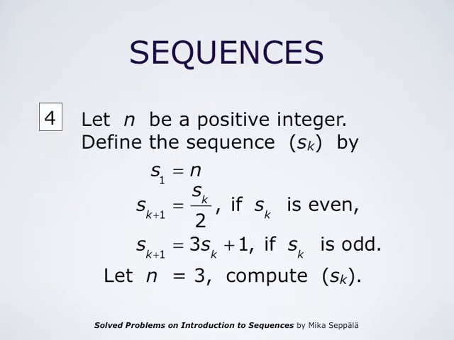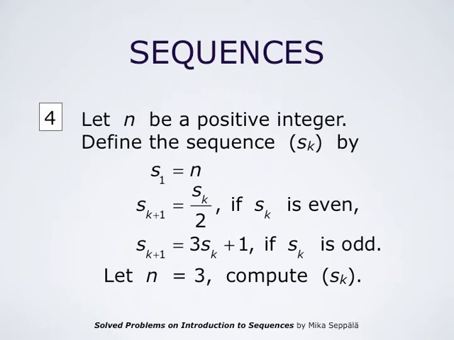In problem number 4, we take n as a seed for a sequence, and we form the sequence S_k by setting S_1 is n, and then we use the rule S_{k+1} is S_k divided by 2 if S_k is even, and S_{k+1} is 3 times S_k plus 1 if S_k is odd.